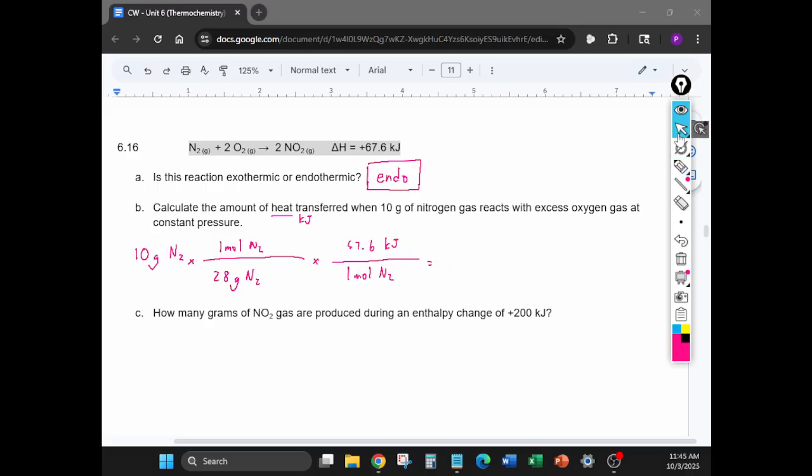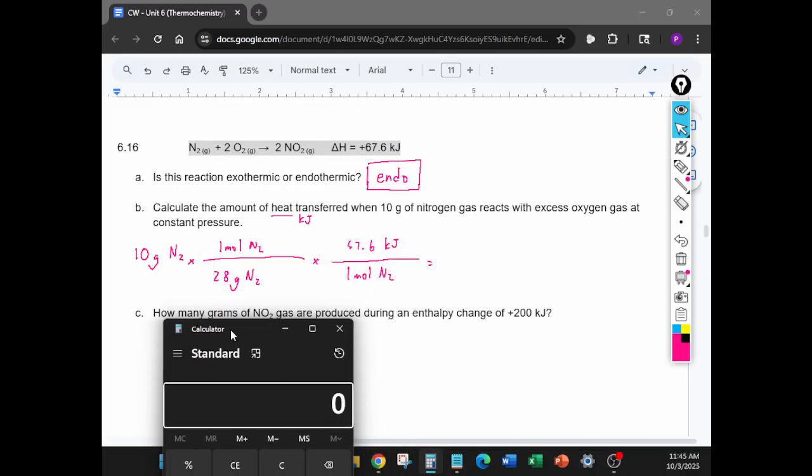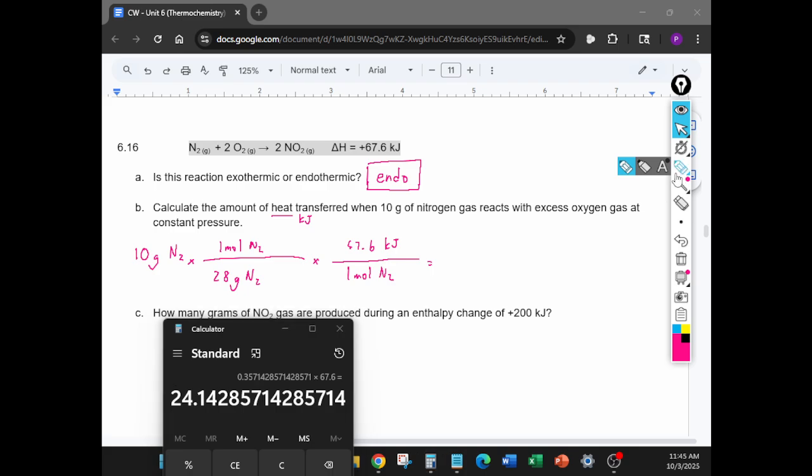And so that is going to be your second fraction. So we plug that in, 10 divided by 28 times 67.6. That'll give you 24.14 kilojoules. Okay, and if you really want to add absorbed, you can.